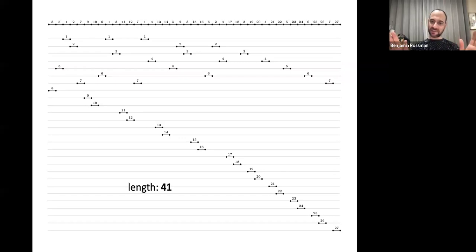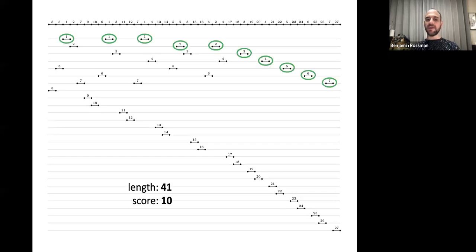So this is in total covering a path of length 41. And it achieves a score of 10. So we get 3 points from the first row, then there's 2 points from the next row, and then 1 point for each of the next 5 rows. And note that the maximum number of toothpicks in any row here is 3. So actually the first 7 rows here, you can see, each have 3 toothpicks and everything else has 1.